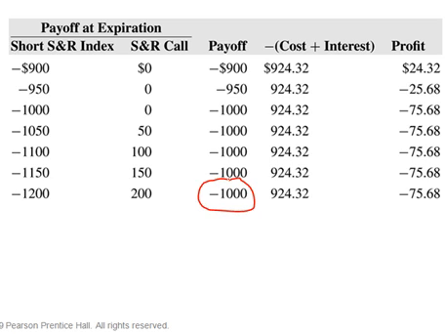Okay, so that's the payoff function. But let's make sure that we account for the cost of the initial position plus any interest on that amount. Now, this may seem a little strange, but the cost to establish the initial position here is actually negative.